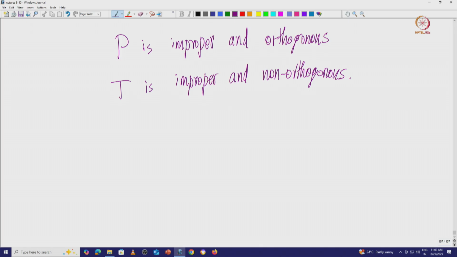In fact, you can show that you can then worry about the products of these things, but that is not important. What is important is that all proper transformations, orthochronous or non-orthochronous, form a group.